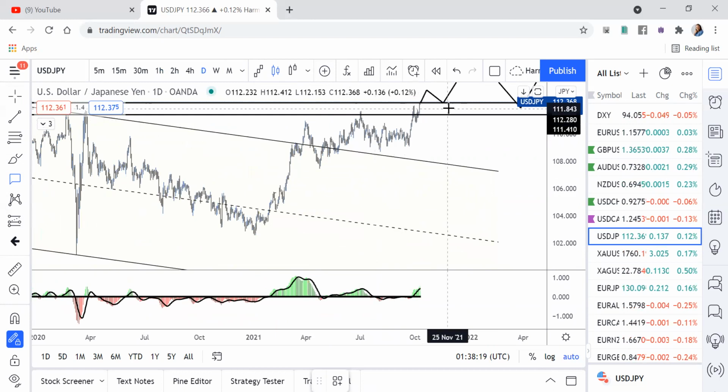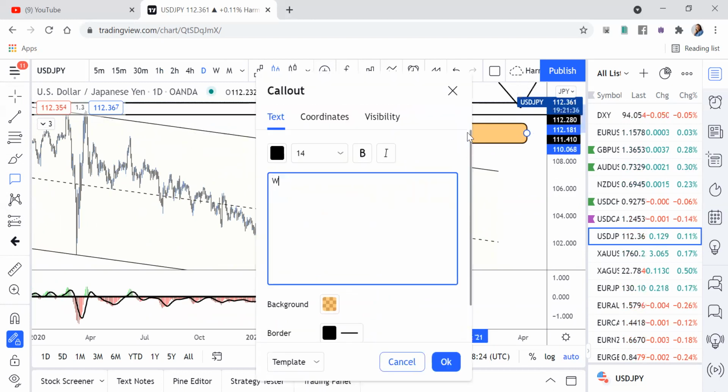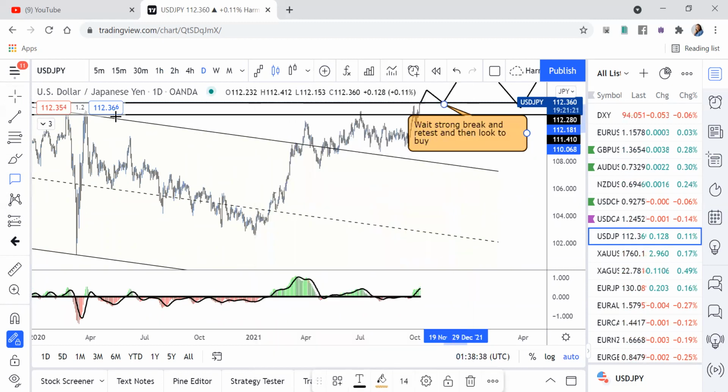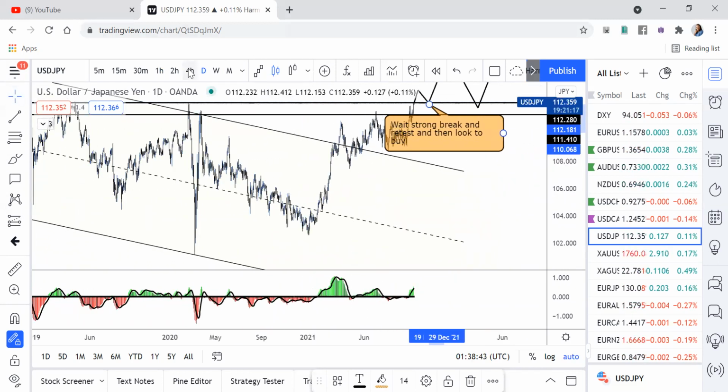All right. So I'm just gonna put a note here. Wait for strong break, retest, and then look to buy.